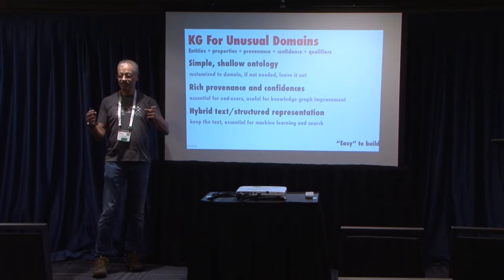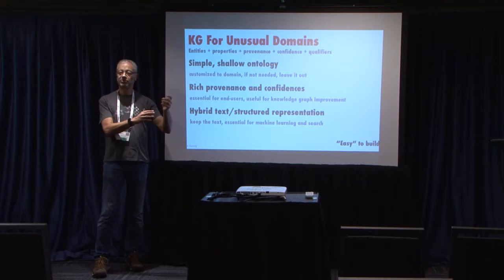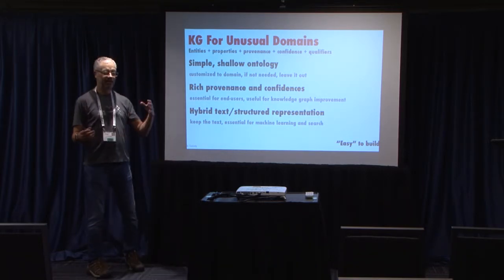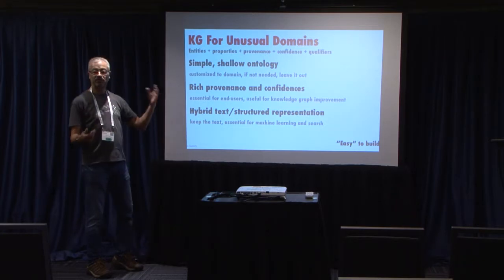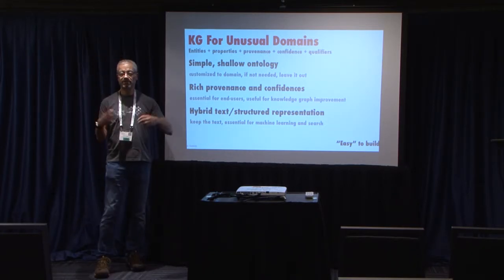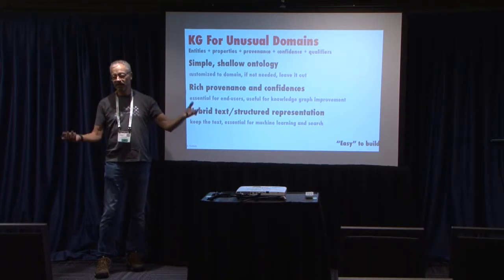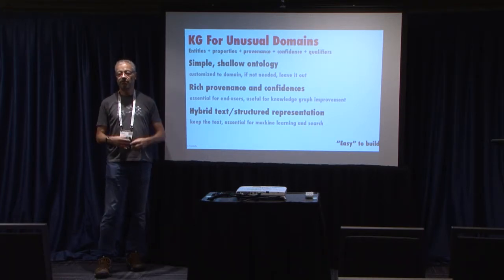We extract different extractions from different pieces, and then we keep the piece of text associated with the extractions so that we can use it for relevance ranking in the text search and so on, so that the search works better.